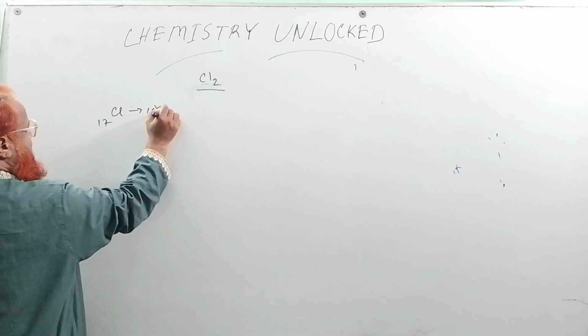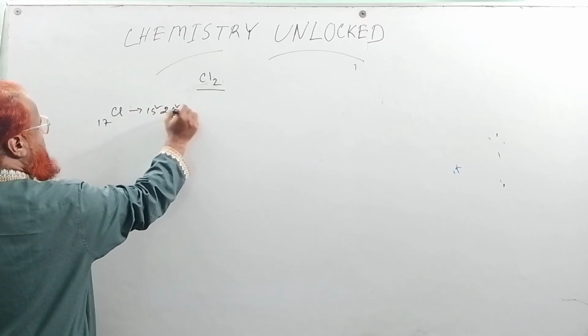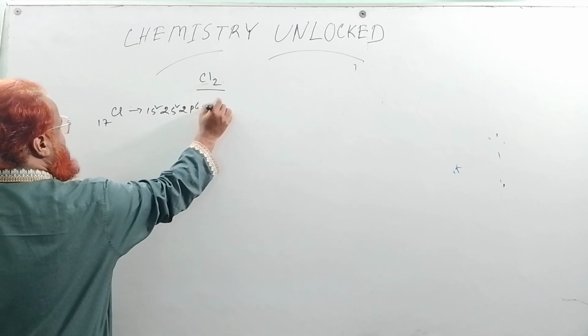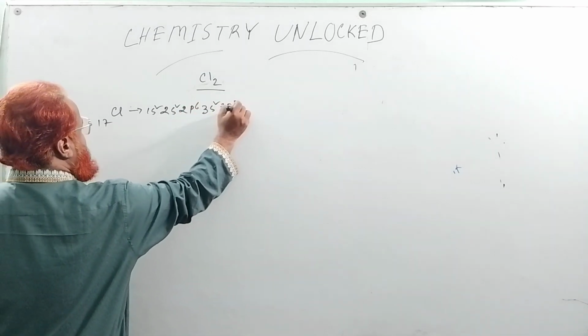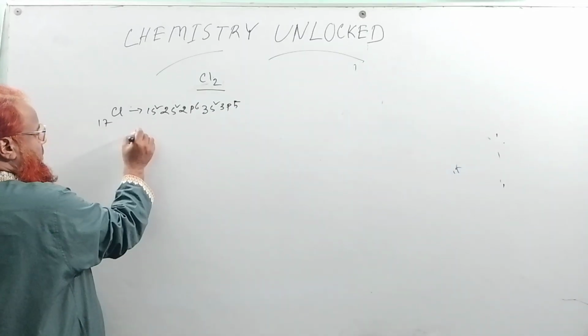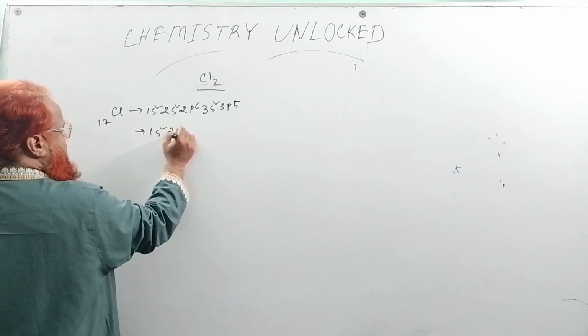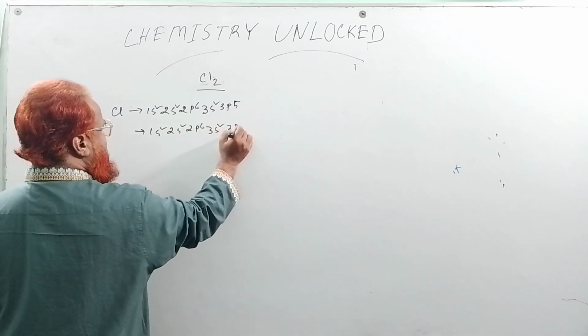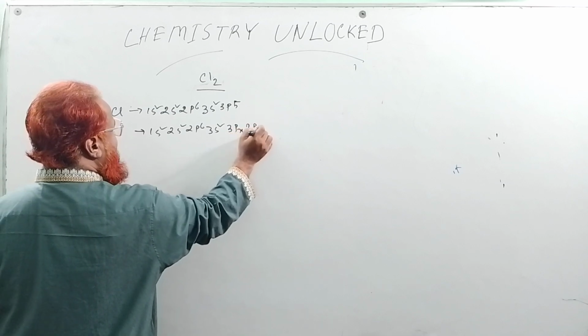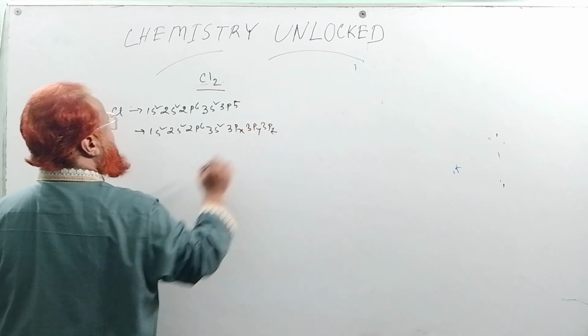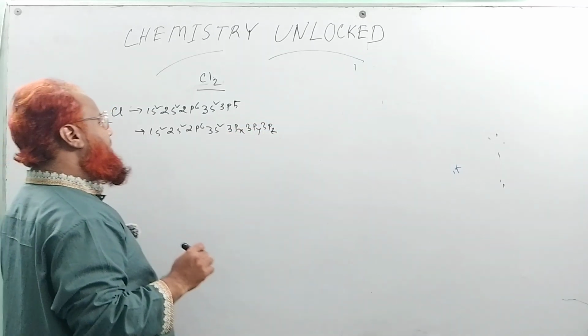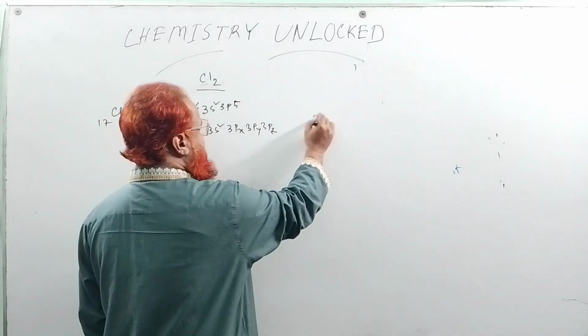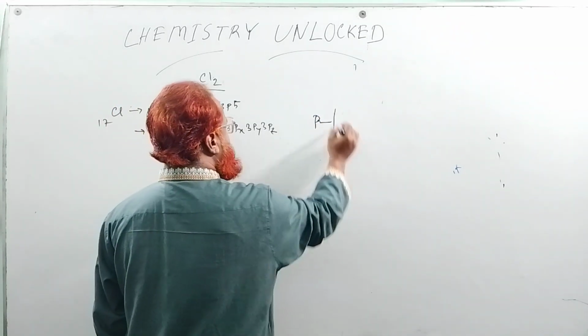So the electronic configuration will be 1s2, 2s2, 2p6, 3s2 and 3p5, that is 3s2, 3px, 3py and 3pz. Dear students, you know that p is a subshell having 3 orbitals.